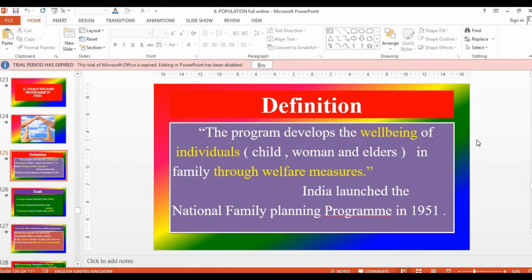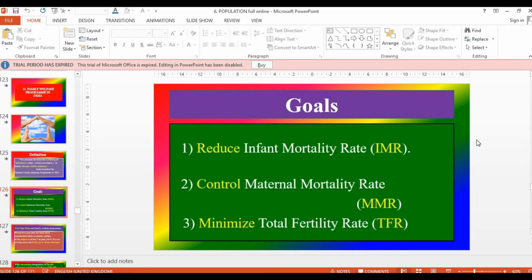In India, the National Family Planning Program was launched in 1951. The main goals of this program are to reduce infant mortality, IMR, control maternal mortality, MMR, and minimize the total fertility rate, TFR.